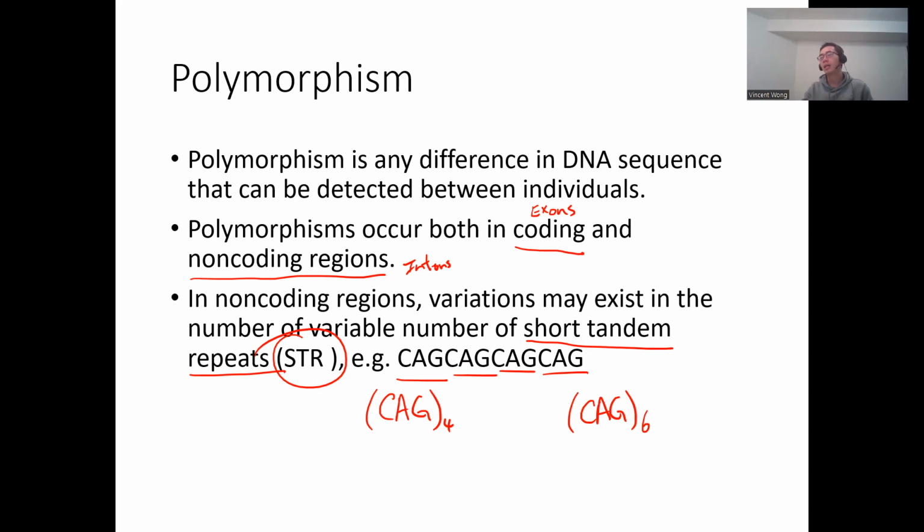I told you before, when it comes to these repeats, it's very easy for your body to make a mistake when copying it. The DNA polymerase miscounts when it copies the CAG. If it repeats 10 times or 20 times, it's easy for it to maybe make an extra one, or copy one less. And that's what's responsible for creating the polymorphism in the human population.